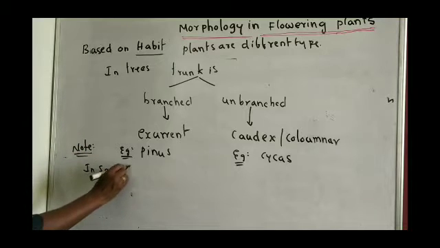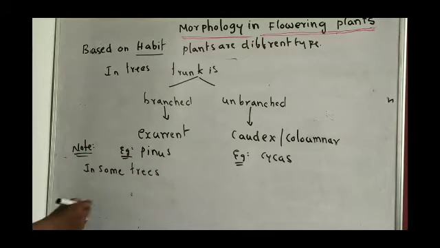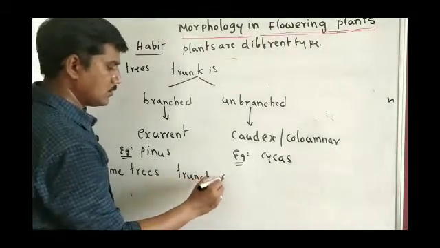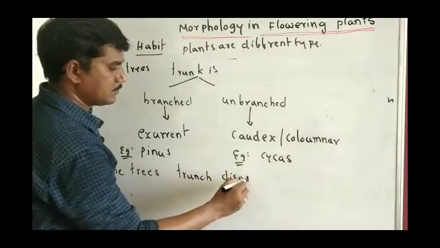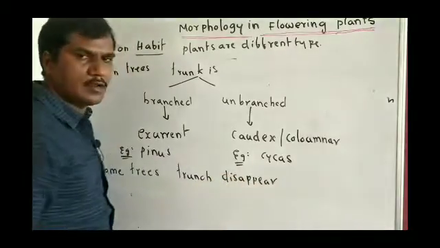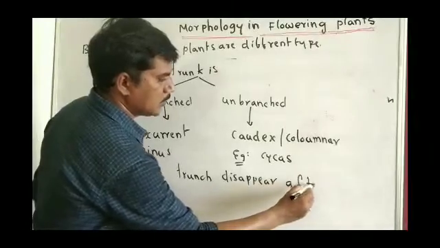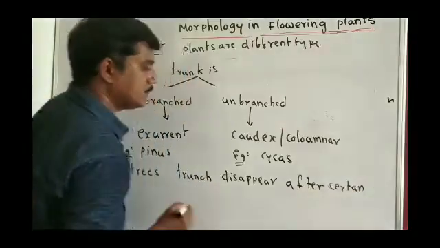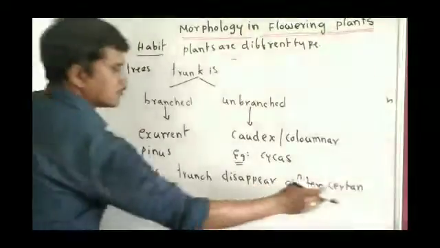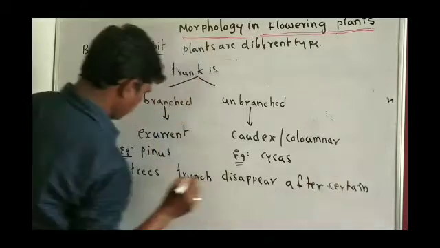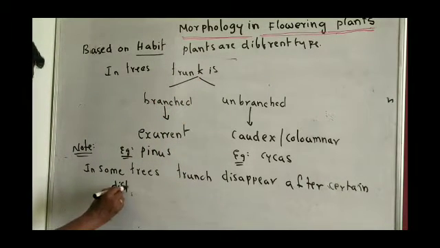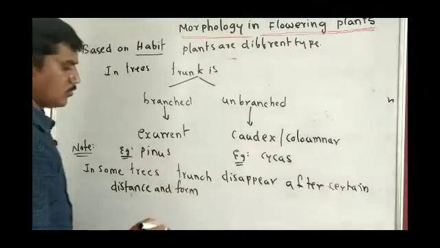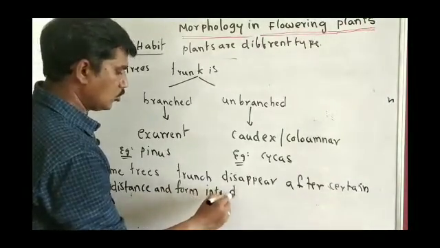In some trees, the trunk disappears after a certain distance and forms into a dome shaped structure.